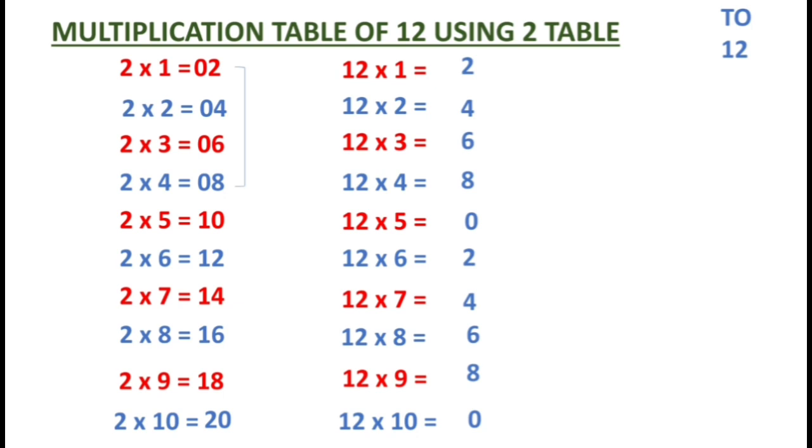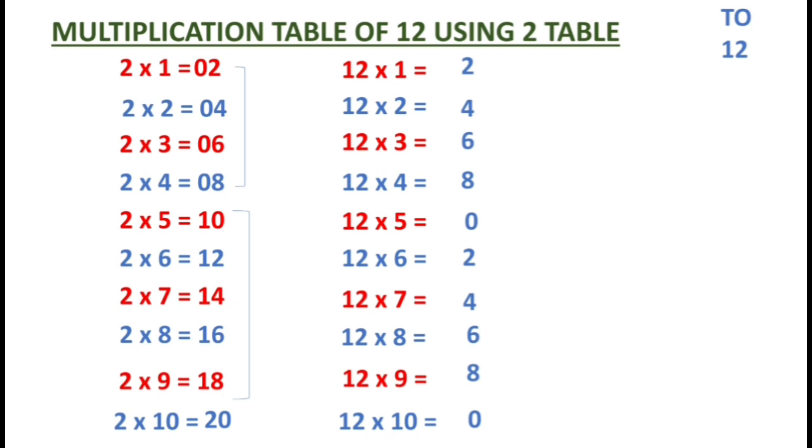Now again 10, 12, 14, 16, 18 have the same tens place. So from 02 to 08 we are using one count, and 10 to 18 we are going to use another count, and for 20 we have another count.